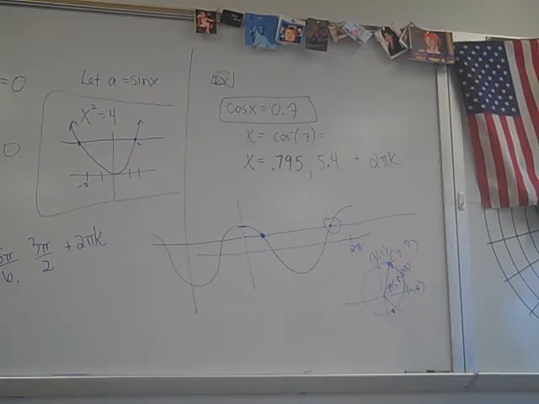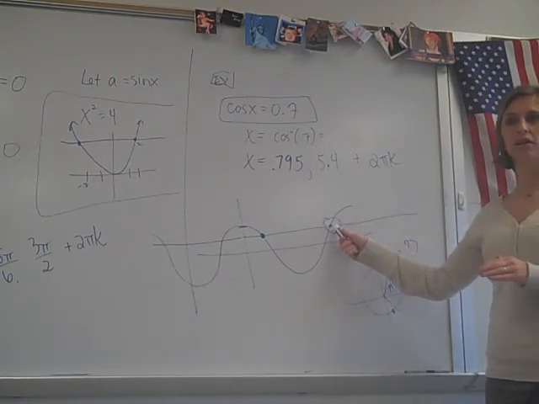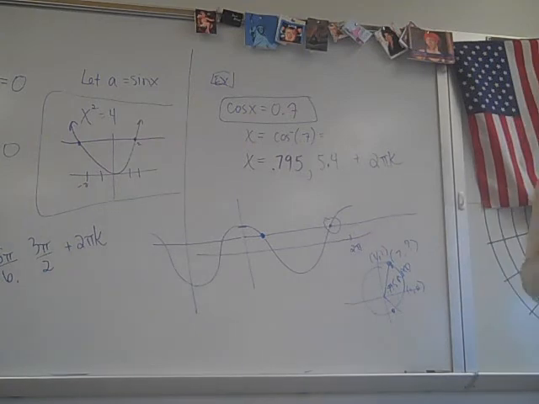Alright, once I graphed it, then find the points of intersection. The triangle's only going to give you the 0.795, because a triangle is going to have all acute angles.